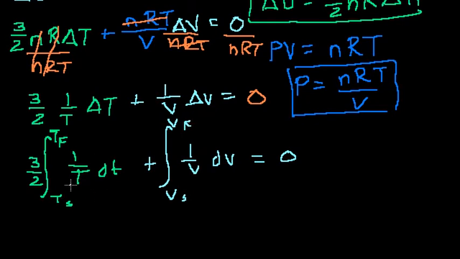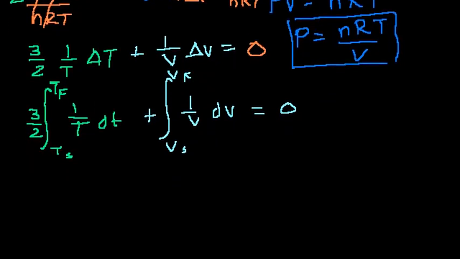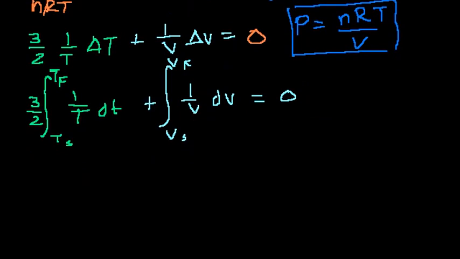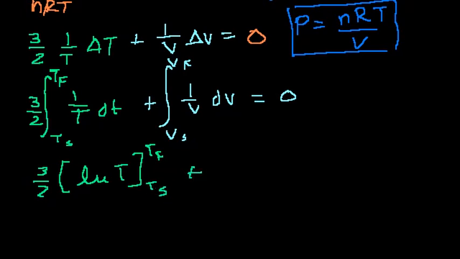Fair enough. Let's do these integrals. This tends to show up a lot in thermodynamics. The antiderivative of 1 over T is the natural log of T. So this is equal to 3 halves times the natural log of T, evaluated at the final temperature and then the starting temperature, plus the antiderivative of 1 over V, which is just the natural log of V, evaluated from our final volume, and we're going to subtract out the starting volume.